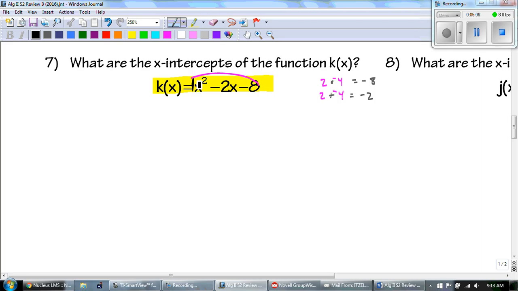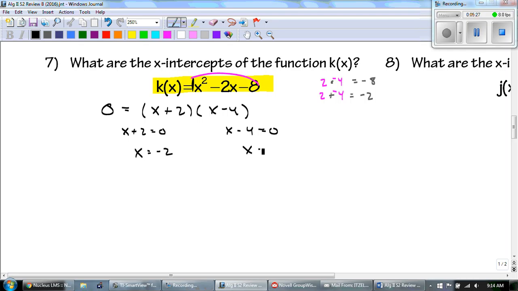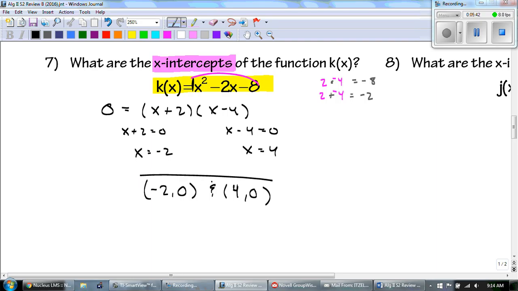Since my leading coefficient is a 1, I can do the shortcut to get x plus 2, x minus 4. We can solve both of those because everything with a variable equals 0. So we get our answers of negative 2 and positive 4. And they want the x-intercepts, so that means to write them out. So we get our intercepts of negative 2, 0 and 4, 0.